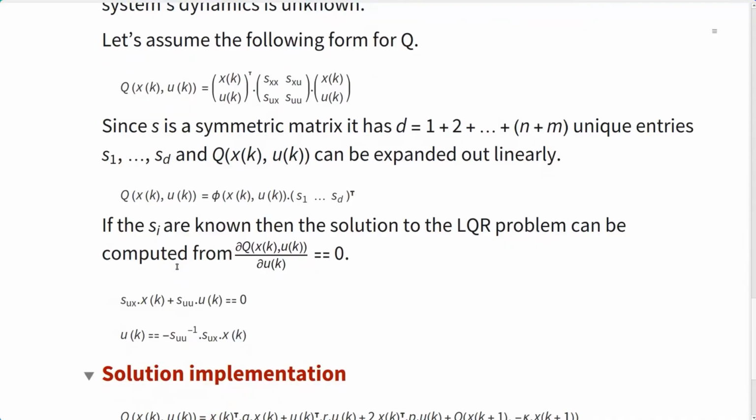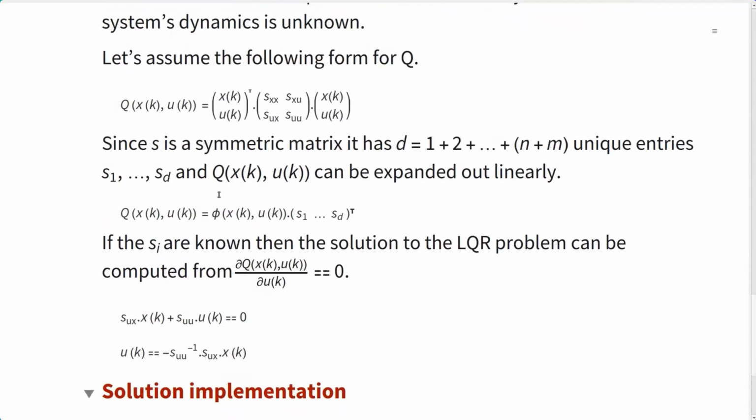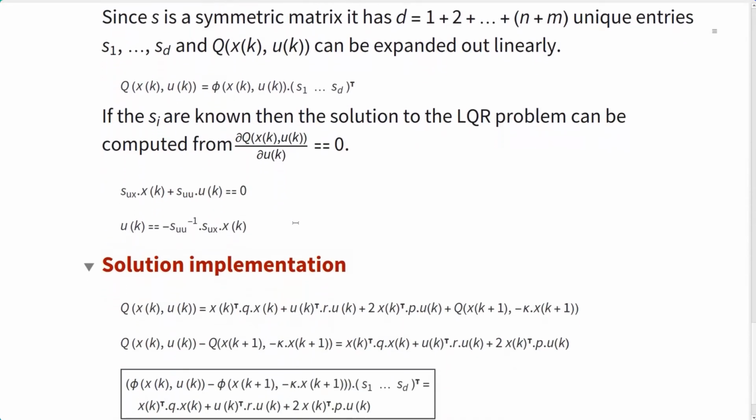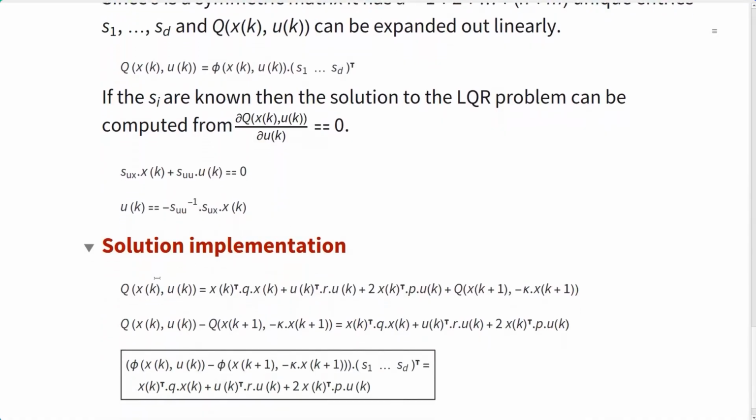The reason we went through this exercise is to see that the q function can be written as a quadratic expression in x and u, and a linear expression in the entries of the kernel matrix. So to start, we write this recursive relationship for the q function.